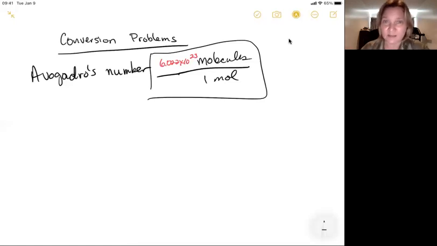I do want to point out that it doesn't have to be molecules. It could also be atoms, depending on if in the question you are given atoms or molecules, but either way, it's the same. I do also want to emphasize that molecules is not equal to moles.